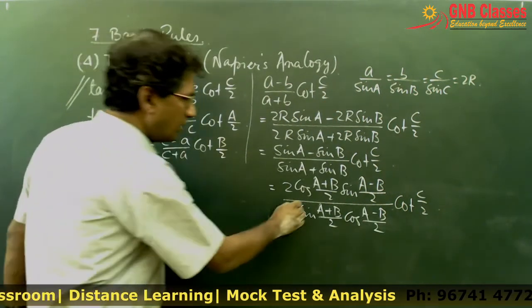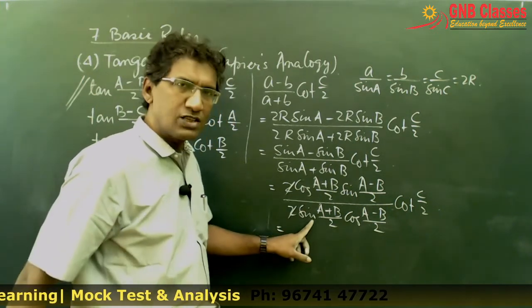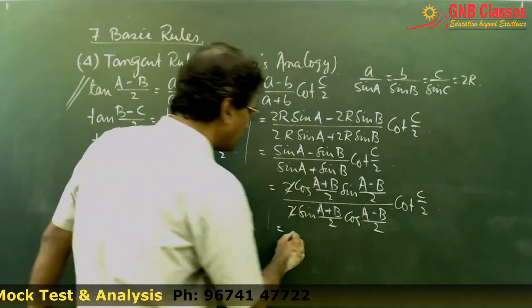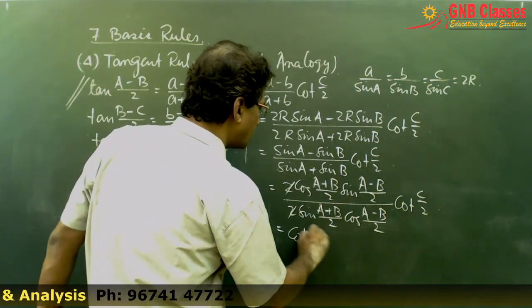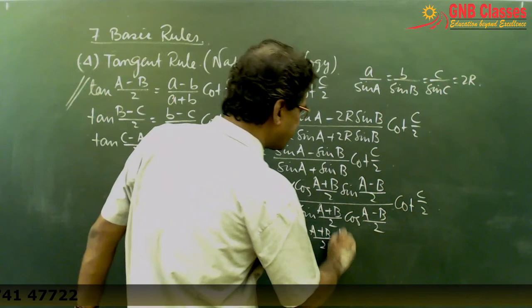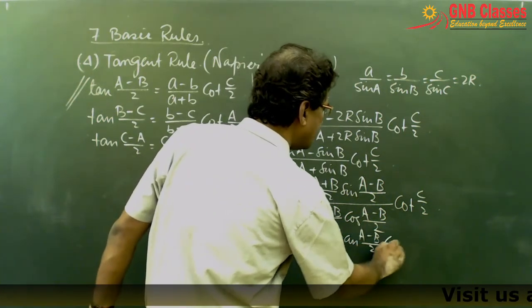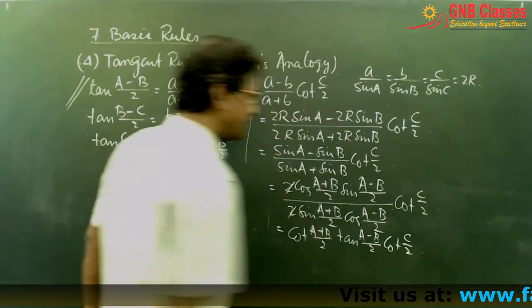Is it okay? 2 goes off. Now, this is what? This is cot (A plus B)/2. And this one is nothing but tan (A minus B)/2. This is again cot C/2.